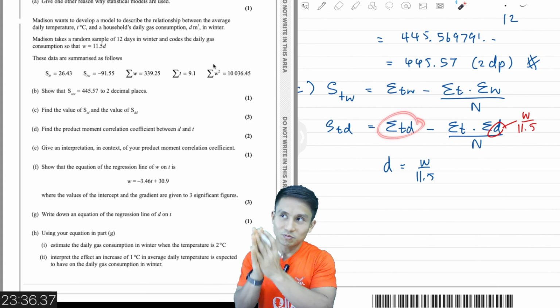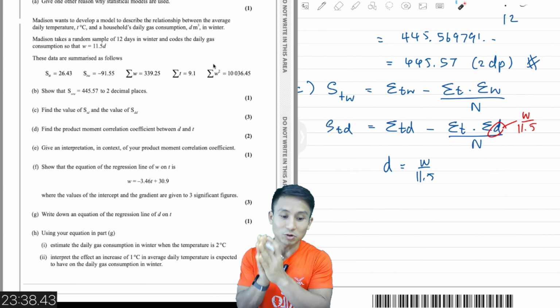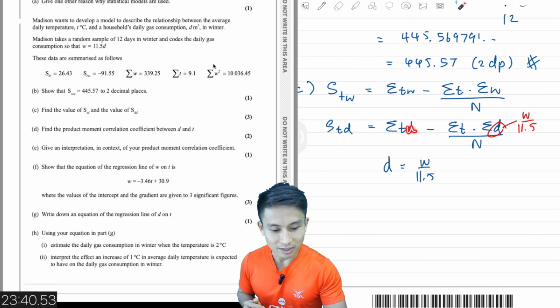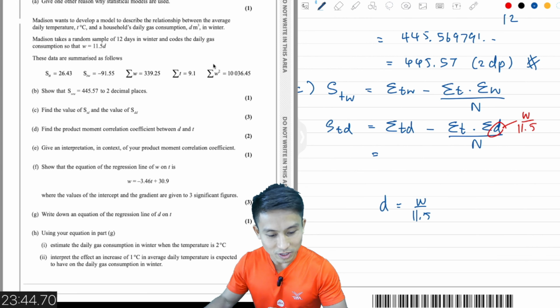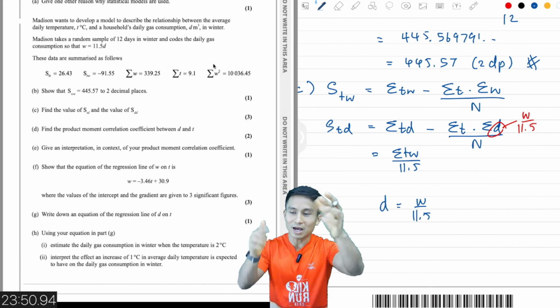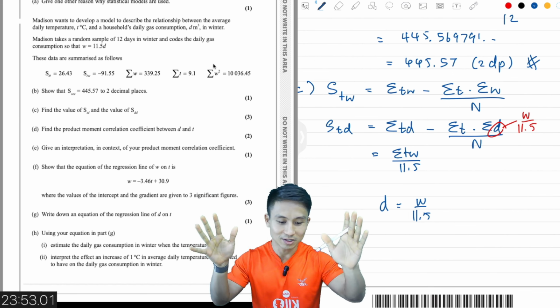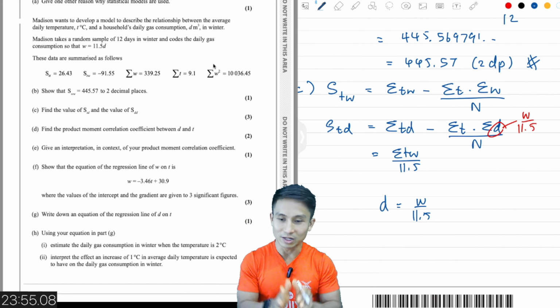So this whole thing will be all that divided by 11.5, because you're multiplying all the sums of TD there. So you're going to have a factor of 1 over 11.5 here.